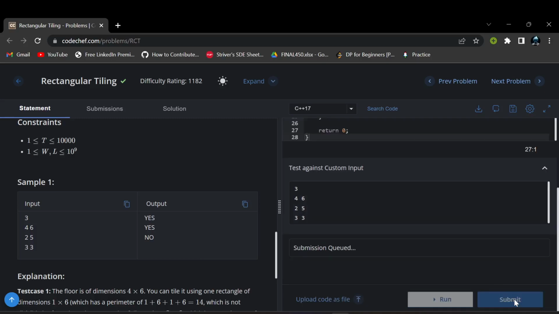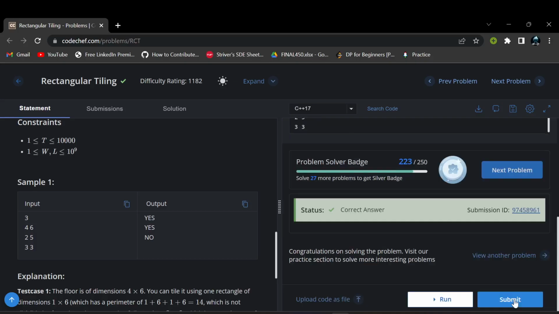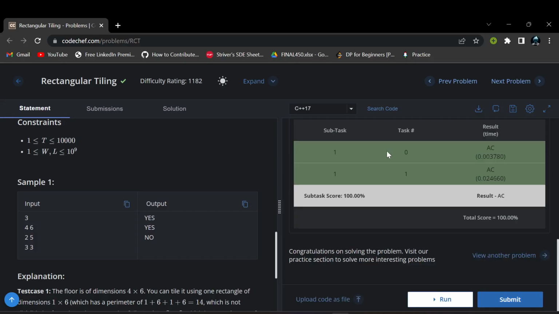Let's see if it passes all of the test cases. Yes, we have completed our question.